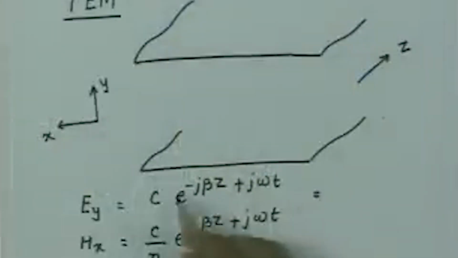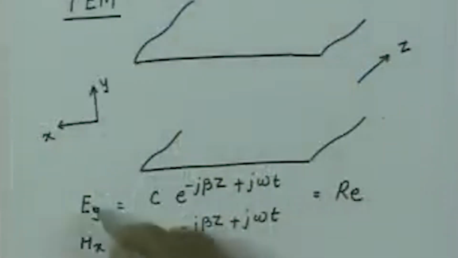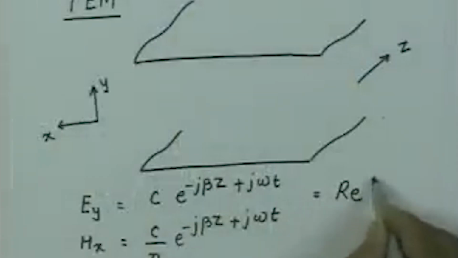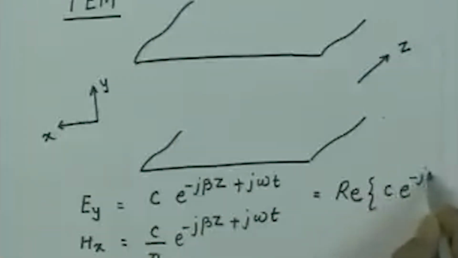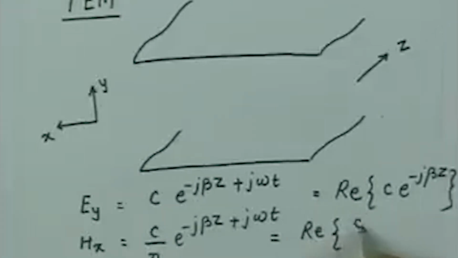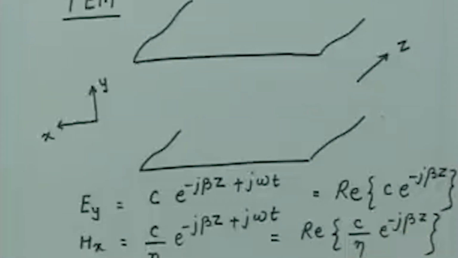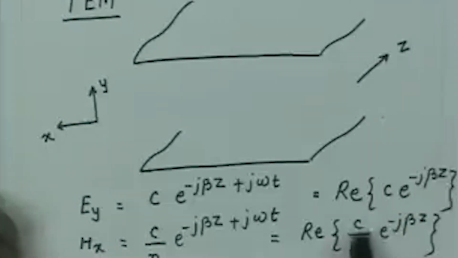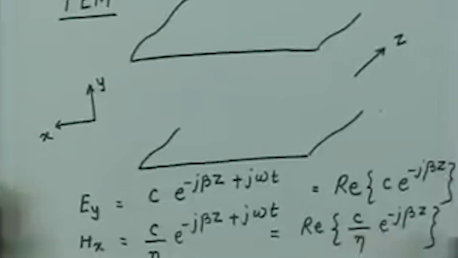If I freeze time, then the field visualization will be simply the real part of C e to the power minus j beta z, and this will give me again the real part of C upon eta e to the power minus j beta z. So, Ey has a variation which is C cosine beta z. Hx will have the same variation, C upon eta cosine beta z.